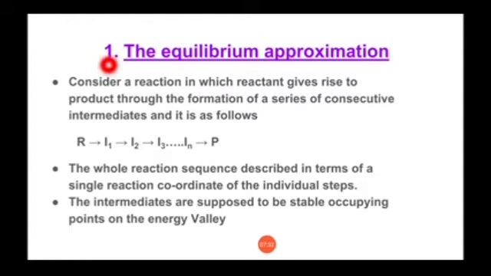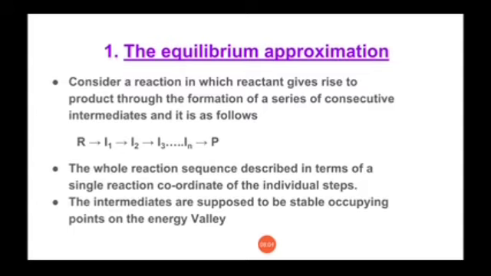Now consider a reaction in which a reactant gives rise to product through the formation of a series of consecutive intermediates, and it is as follows. Students, now we are taking a simple route to understand that, say, reactants are converted into products, but reactants are not directly converted into products.